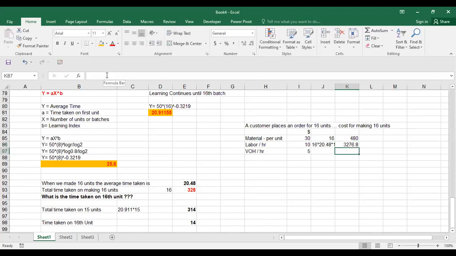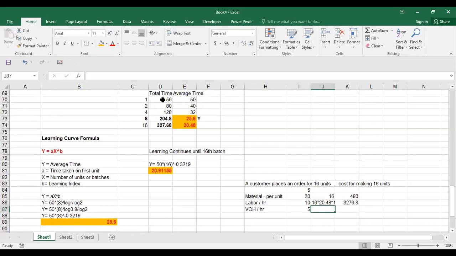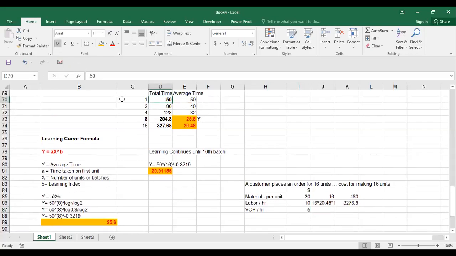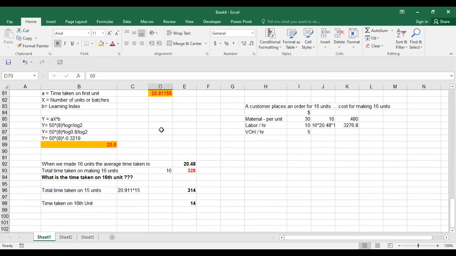And the same will happen with the variable overhead, because if you do not know the learning curve thing, you will think that you will be spending 50 hours per unit. But in reality, when the learning curve applies, you will be making only 20 hours on average per unit. So you should be multiplying it with 20.48, not 50.